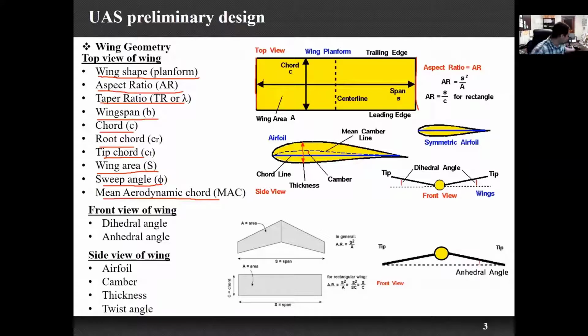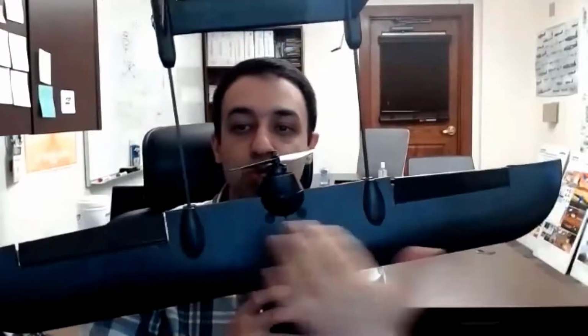For example, the wingspan of this airplane that we have here is from this point to the end of the other point. So it is the largest horizontal measurement that we can have for our wing. This is called the wingspan.